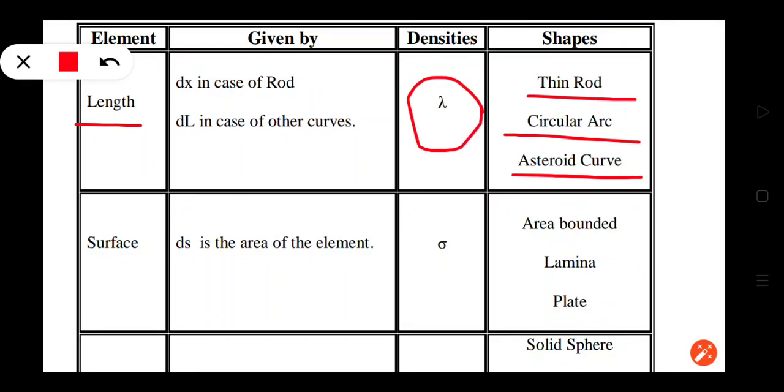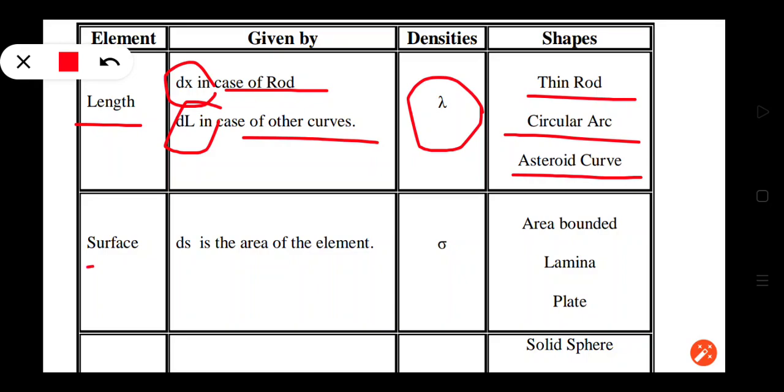If the example is about a thin rod, we use dx to represent the length element. If the example is about any curve, like a straight line or circular arc, we use dl to represent the length element.